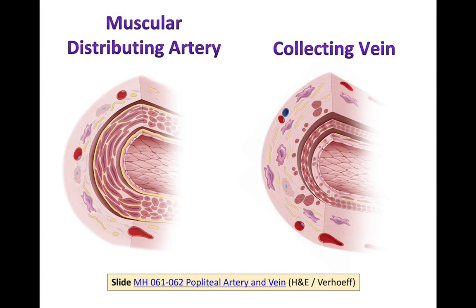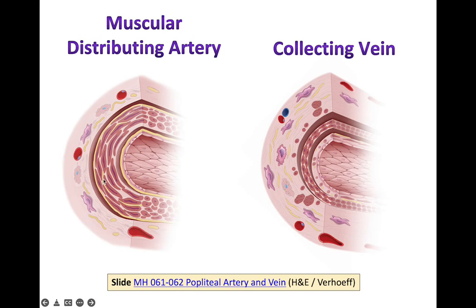And now let's go one size down and see the muscular artery and collecting vein. In the muscular or distributing artery, the tunica intima consists of endothelium, very thin subendothelial connective tissue, and internal elastic lamina. Then the tunica media consists of circularly arranged smooth muscles.